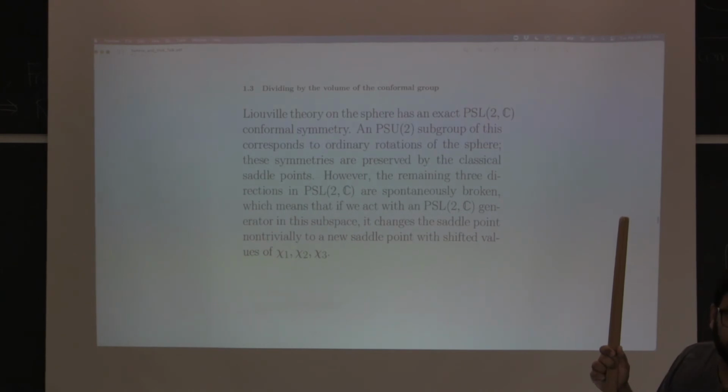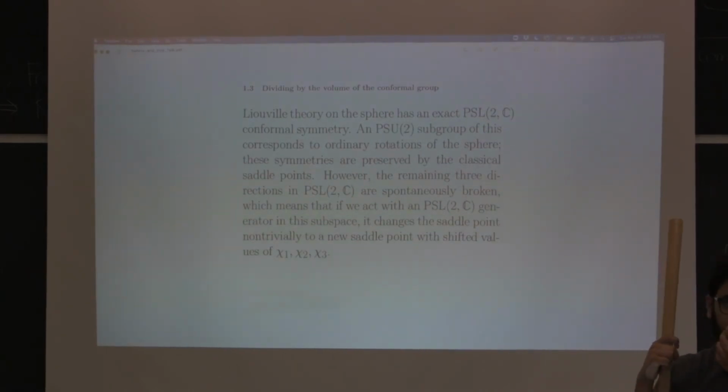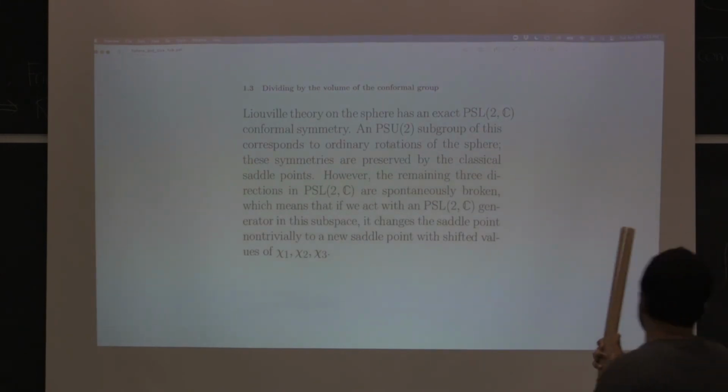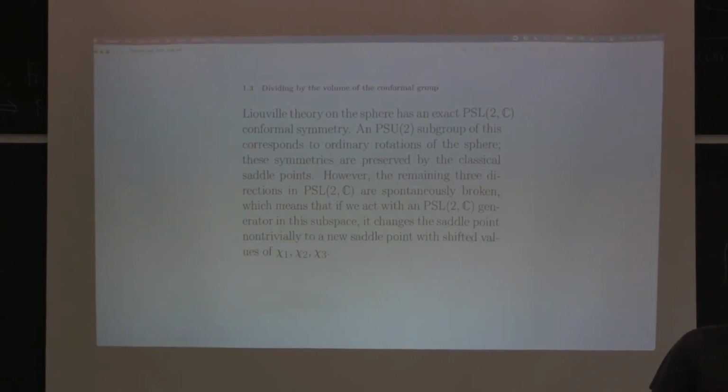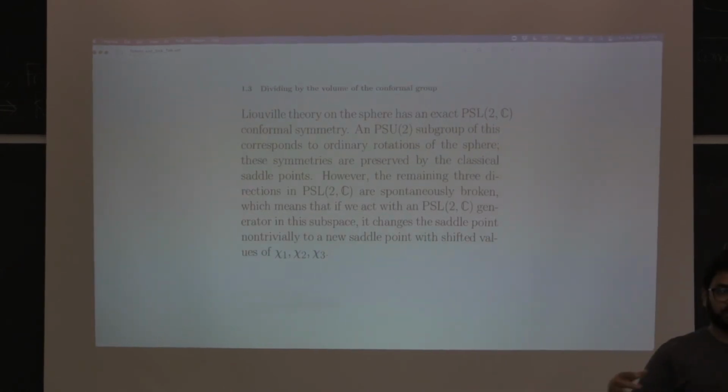And why do you think, is there any physical motivation for setting the C from this computation equal to the C of the sphere computation? The C for the disk and the C of the sphere? Yeah, that's very important that it should be the same because that's the field space, right? The measure on the field space is so-called ultralocal. It doesn't depend on the shape of your manifold.